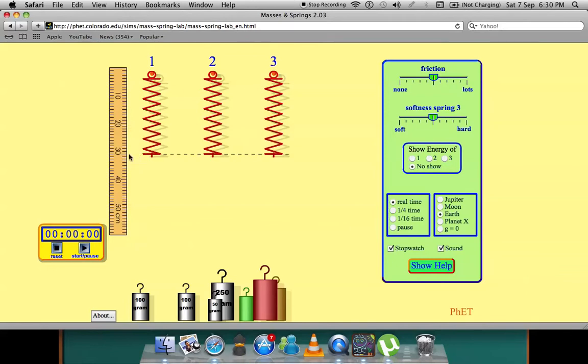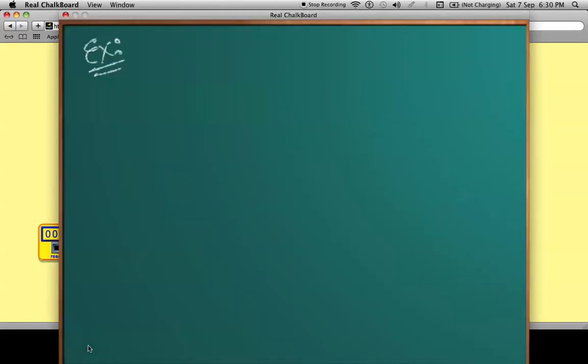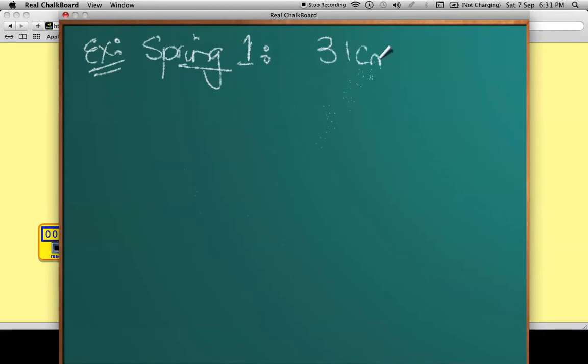Let me count it again: 21, 22, 23, 24, 25, 26, 27, 28, 29, 30, and 31. This is at 31 centimeters, the original length of spring 1. We're talking about spring 1 right now.